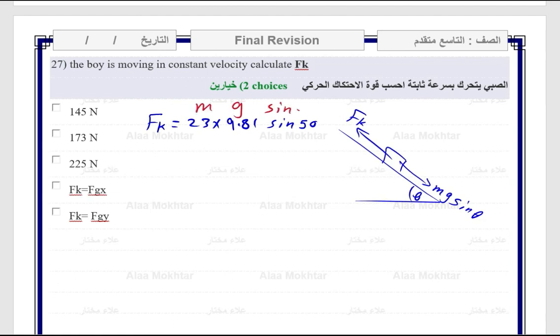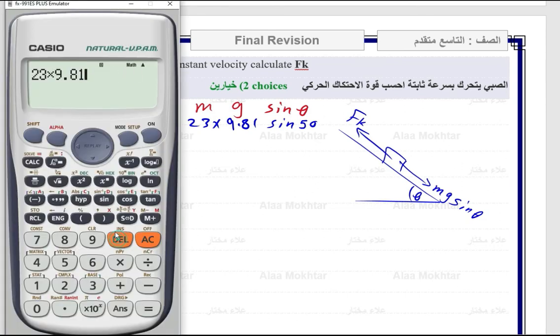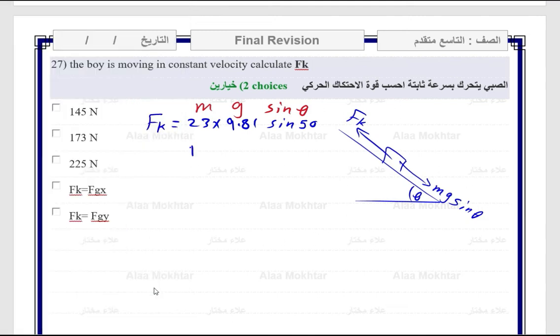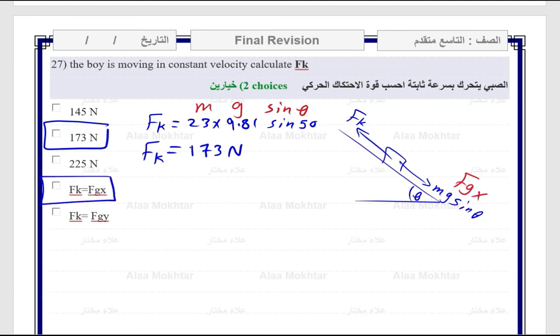The answer is 172 or 173, 173 Newton. And it's equal to what? It's equal to Fg in the x-axis. This is the correct answer for this question.